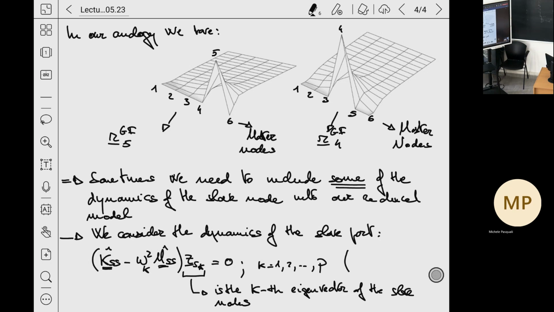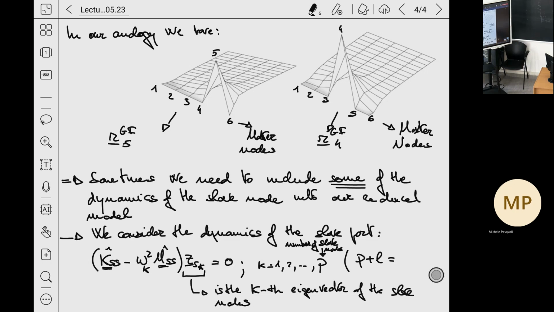And this is the number of slave nodes. So P plus L is equal to what? If P is the number of slave nodes and L was the number of master nodes, the master nodes plus the slave nodes is the number of what?